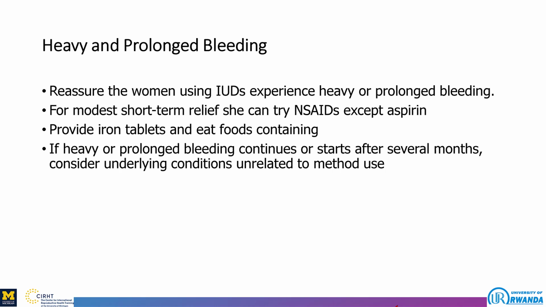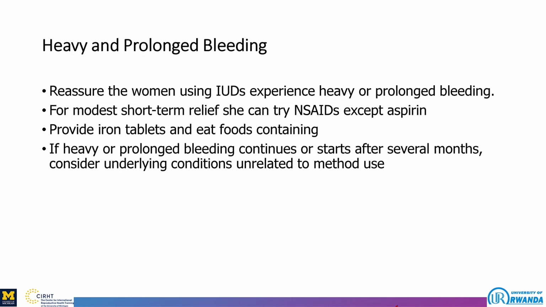Remember what I talked about when we were talking about the misperceptions on the first part of this presentation. So in this case, if the woman is experiencing heavy or prolonged bleeding, then we can provide iron tablets. And of course, we encourage the woman to eat a lot of foods that contain iron.